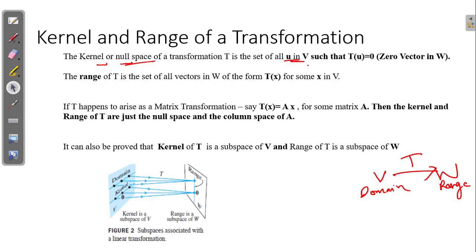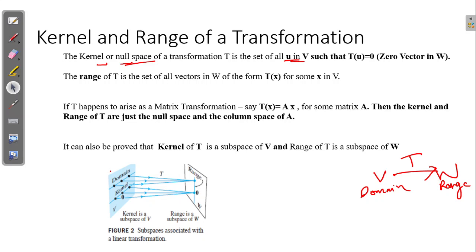So this u is in V such that, when this arbitrary vector u is acted upon by the transformation, T of u must be equal to 0, that is, the 0 vector in W. That means it is the set of all vectors in the domain V such that when the transformation acts on them, it maps those vectors into the 0 vector of W, that is the range.